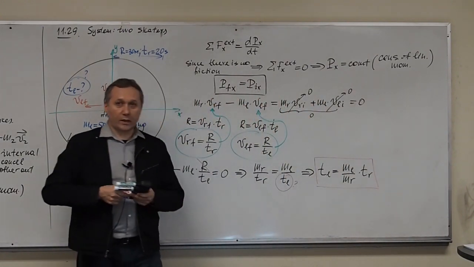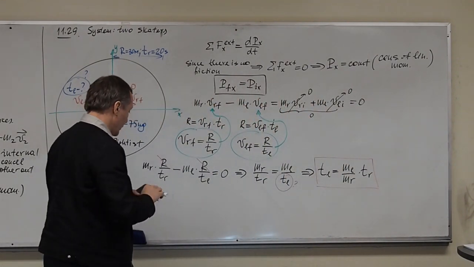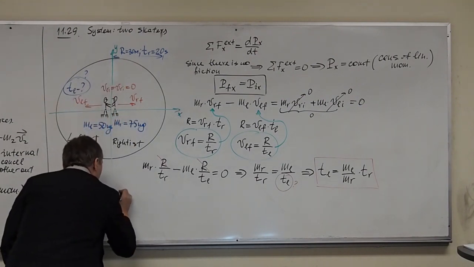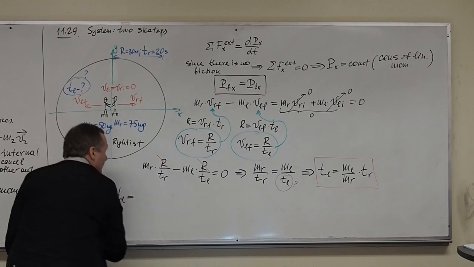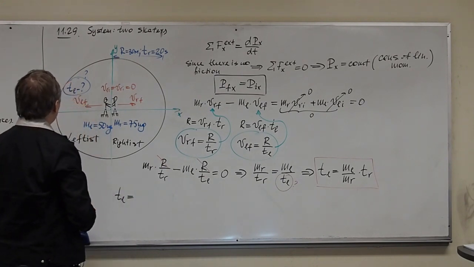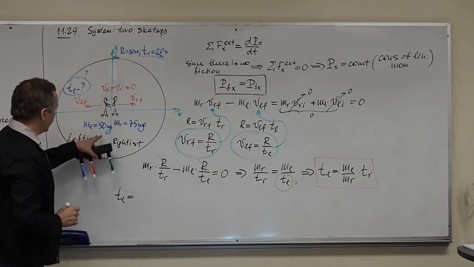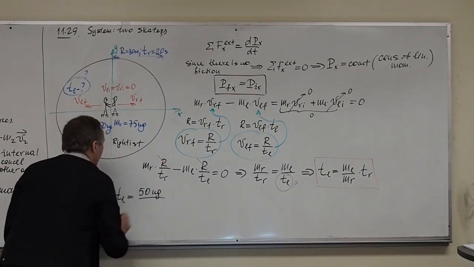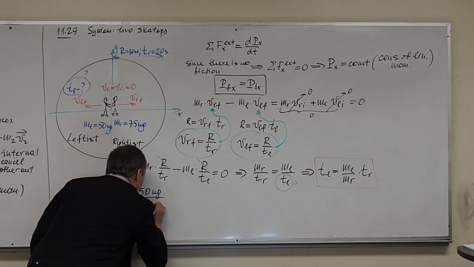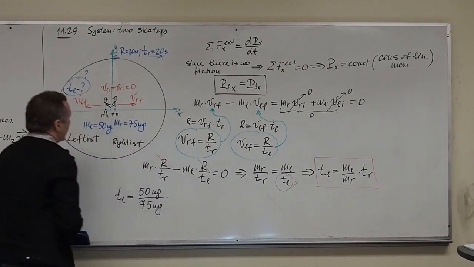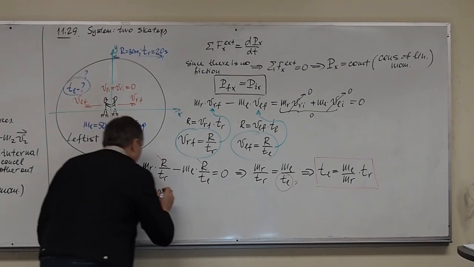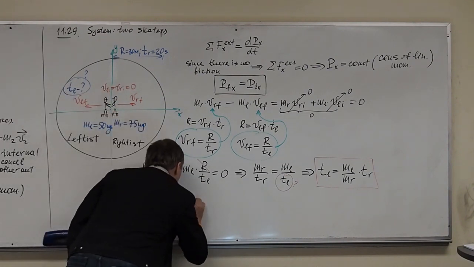And now if we plug in numbers, we're going to find the answer. Okay, let me plug in numbers. So TL equals mass left 50 kilograms, the right 75 kilograms, and the travel time of the right person, 20 seconds.